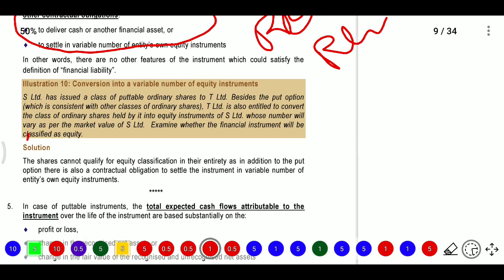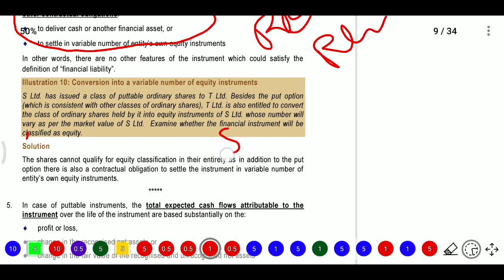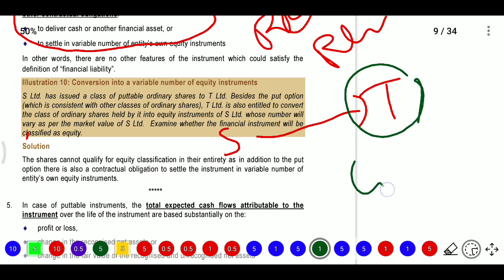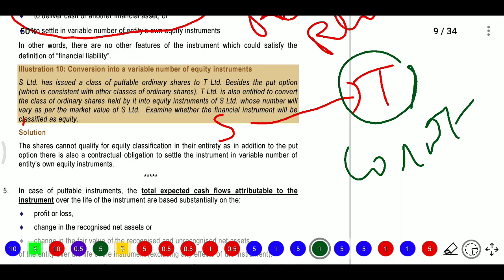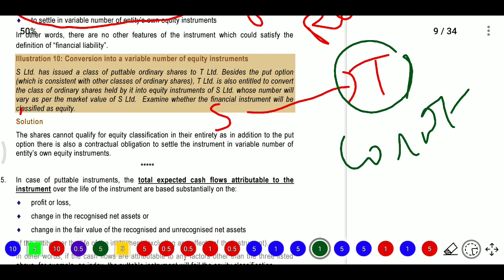So, for example, if we see the 10th question, S Company is there and has issued some puttable shares to T Limited. Besides that puttable option, which is considered along with the other class of ordinary shares, T Limited is also entitled to convert the ordinary shares held by it into equity. So they have the option to convert into equity instruments of S Limited, whose number will vary as per the market value of S Limited.